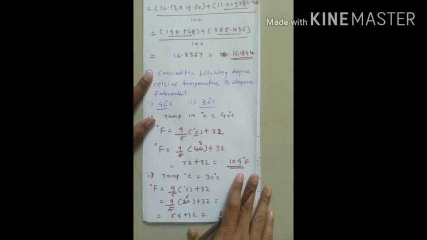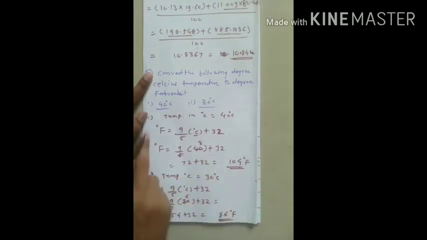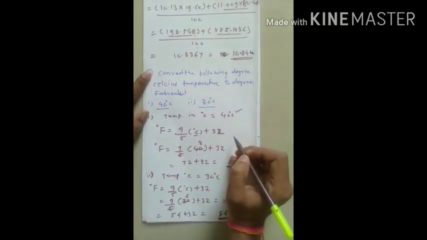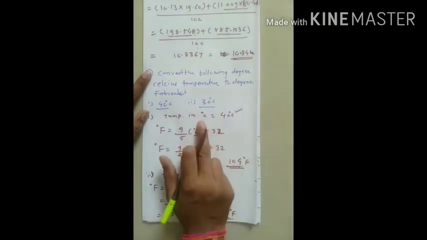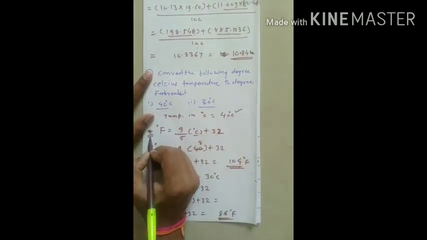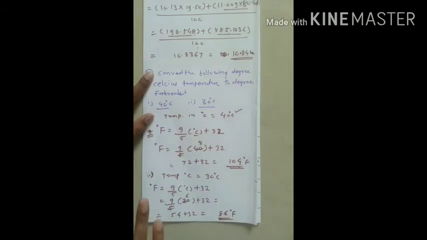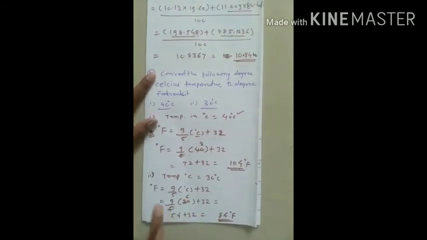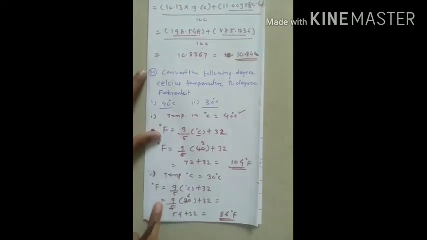The thing is that we have to write down the answer in this sequence. First we write down the temperature given. In this case it is given in degree centigrade, so I am writing it here. Then we have to use this formula. This formula is most important, we have to write it down. Most students think that since they wrote the formula in the first step, it is not necessary to write it again. No, it is not like that. You have to write the formula for each and every problem, because the formula carries equal marks.